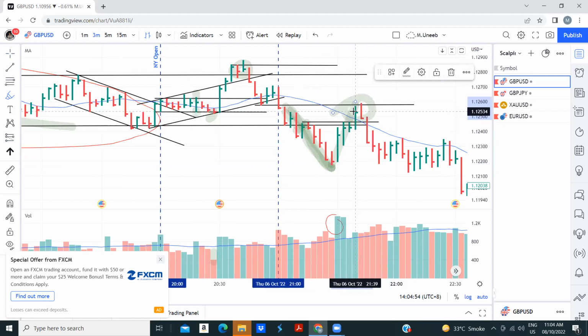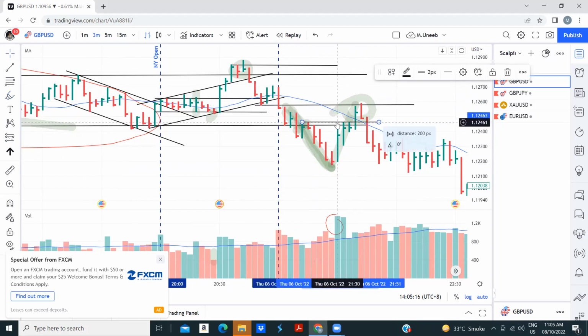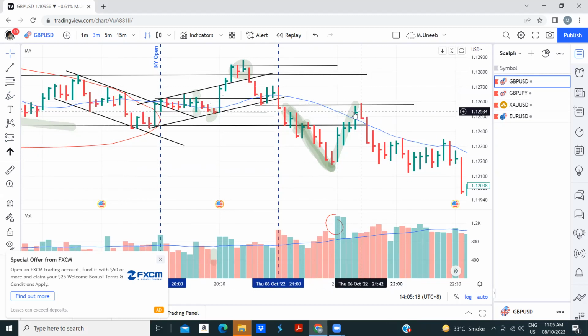So what I noticed, what you did, you just took this trade right over here, and you considered it as falling through ice. Falling through ice is just not one candle. With falling through ice, you will see multiple candles to the downside and then a test over here. So this is a mistake which you usually make.